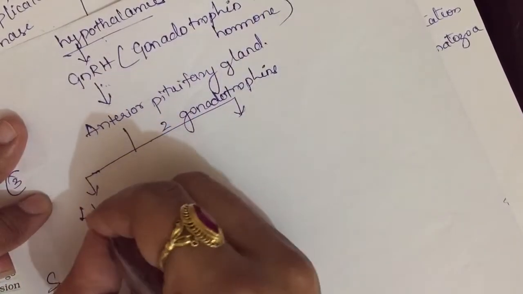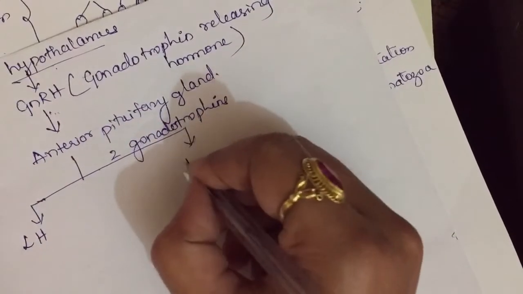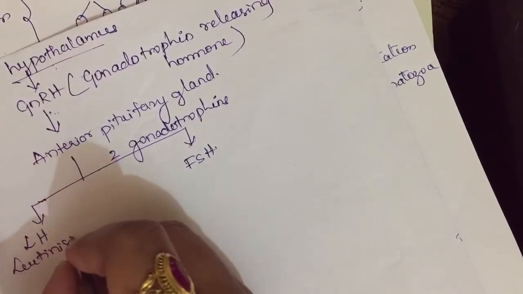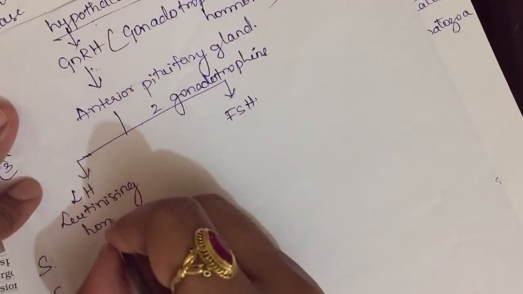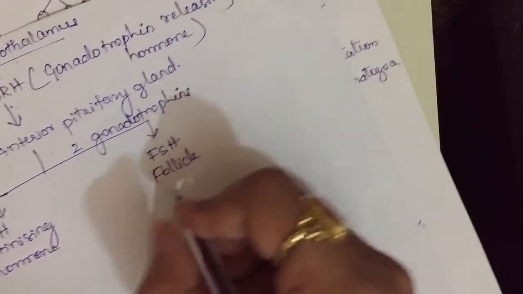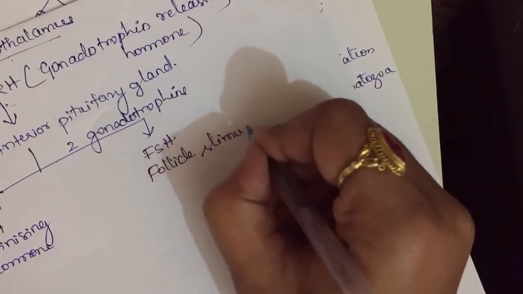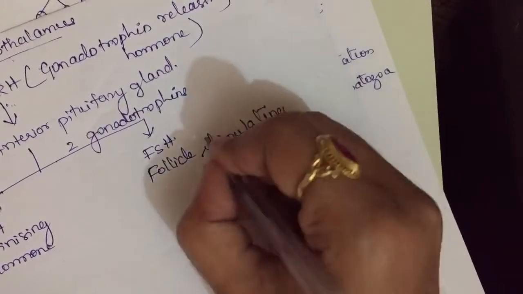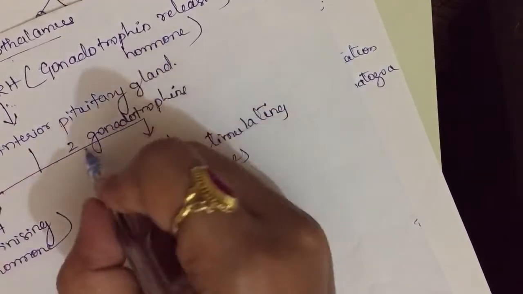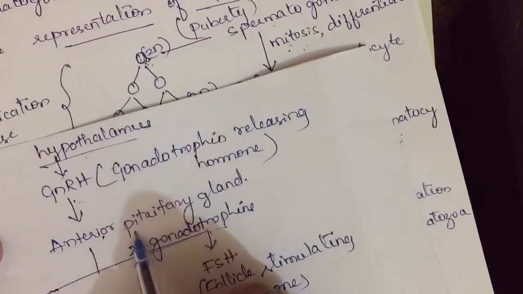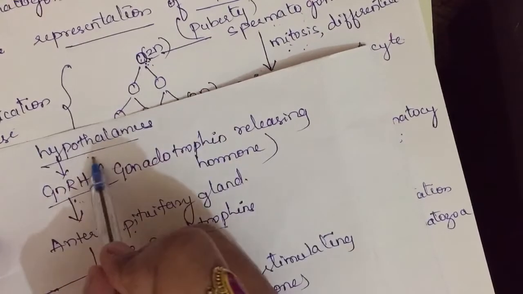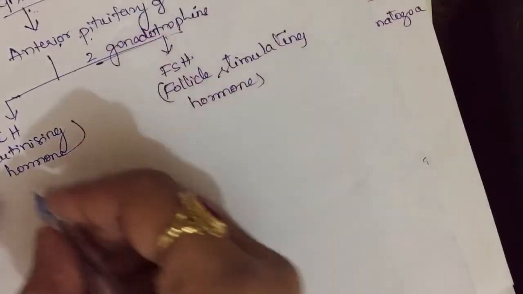First one is luteinizing hormone, another one is follicle stimulating hormone. These two hormones are the gonadotropins which are secreted by the anterior pituitary gland. The anterior pituitary gland is stimulated by gonadotropin releasing hormone, which is released by the hypothalamus. Now we shall see what their functions are.